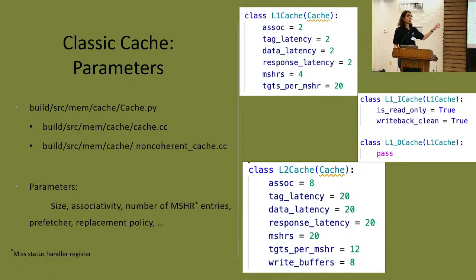You can look at all of their parameters in the cache.py, and you can instantiate your L1 instruction cache, data cache, and L2 cache. You can change all of the parameters that you want, for instance the size, the associativity, the MSHR entries, and all of those things, depending on what you want to use this cache for.